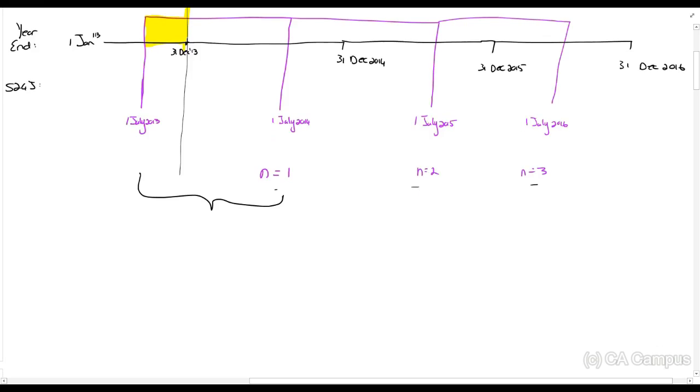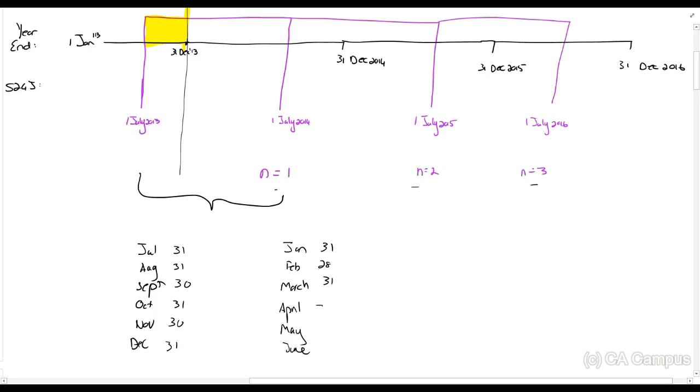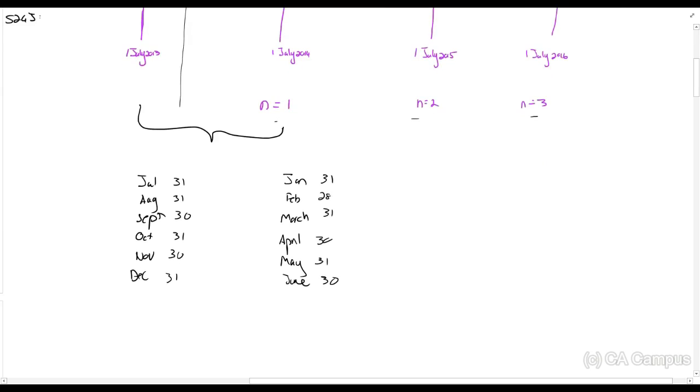So July, August, September, October, November, December, January, February, March, April, May, June. 31 days, 31 days, 30, 31, 30, 31, 31, 28, 31, 30, 31, 30. Okay. 184 days, 181 days.